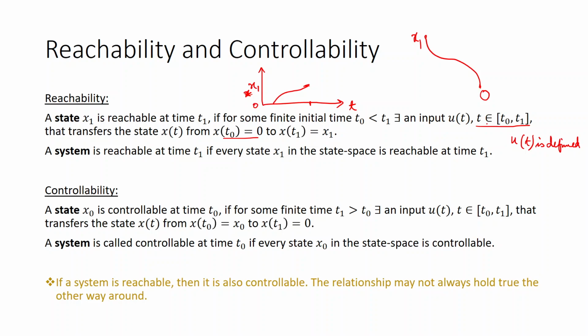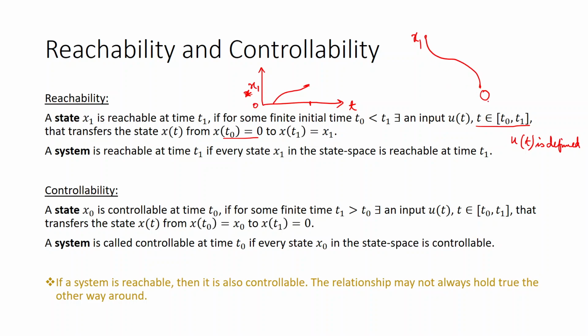So for an input u(t) between this time t0 to t1, that transfers, so we are concerned whether an input exists so that we can transfer the state x(t) from x(t0) equals 0, from the origin, to x(t1) equals x1. So x(t) is the trajectory, so at any time point t you are getting some value in this trajectory.